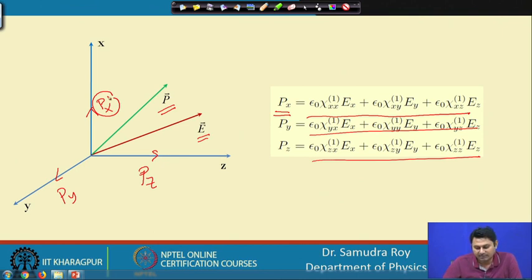And now, since it is written in a matrix form, this susceptibility coefficient is not a scalar quantity. It is not a vector quantity at all, it is a tensor quantity. How this tensor quantity is related, and what the implication of this tensor quantity is, we are going to explain in our next class.